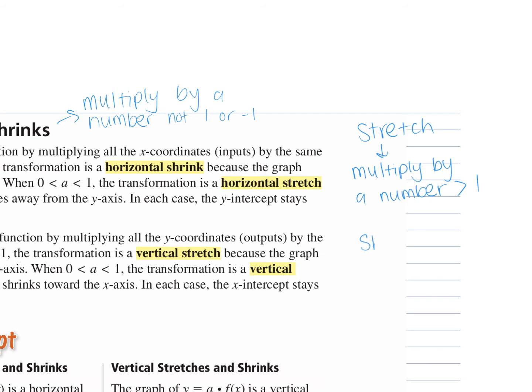A shrink happens when you multiply by a number smaller than 1. Excuse me. A number between, we'll call it n, between 0 and 1.